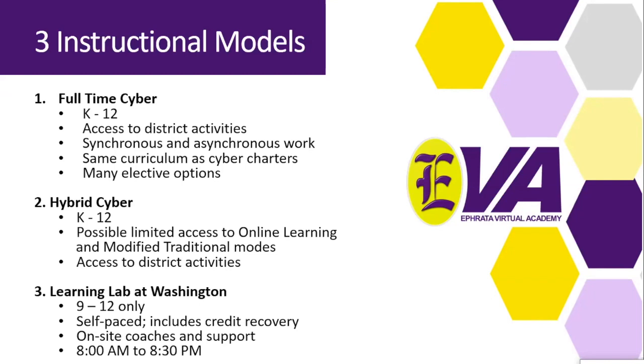So what we know right now is that if you take the hybrid cyber, let's say you take your 4 core classes through EVA, your science, your social studies, your English, and your math, or let's say you take 3 out of those 4 and you want to take geometry in the online learning option, so you are zoomed in to the classroom that your peers are in at Ephrata Area School District in geometry or whatever math you're taking, or if you want to take the online learning option to zoom in to the art class or to zoom in to whatever class it may be, that's going to be a possibility.